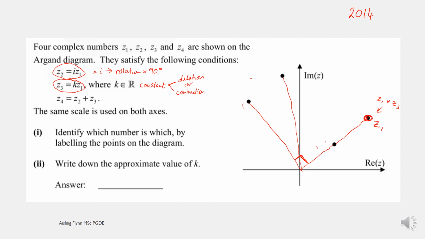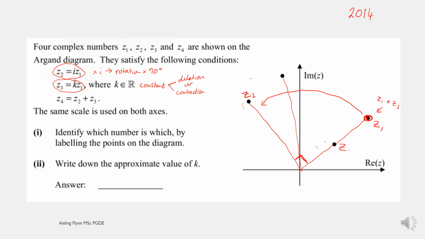When I multiply it by i, which means rotate anti-clockwise by 90 degrees, I should end up at z2. So I think that one there is z2.